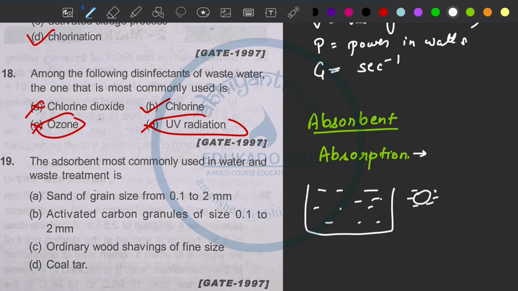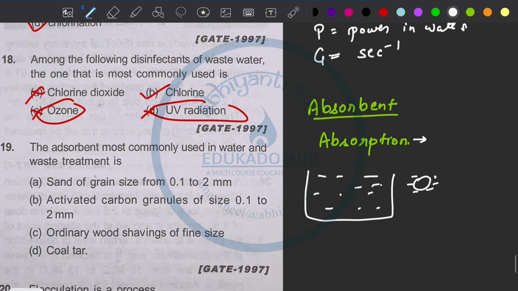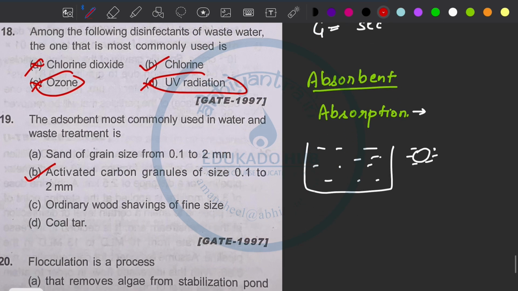And the best absorbent, especially girls, they know, is activated carbon. Everyone knows what activated carbon is. So activated carbon granules are the best absorbent. They adhere all the molecules of dissolved compounds. So option B is the correct option.